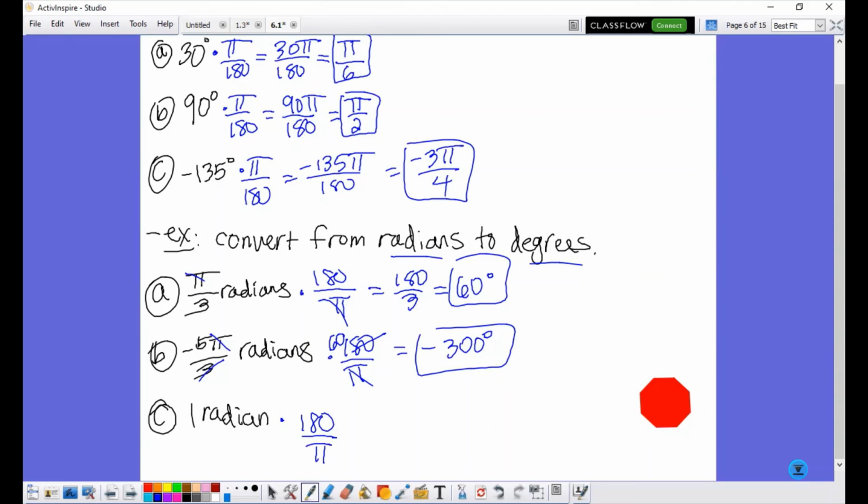We put 180 over pi in the calculator so that we can get an idea of the degree measure and approximate what it gives you. Let's go ahead and round here. We end up getting 57.3 degrees approximately.